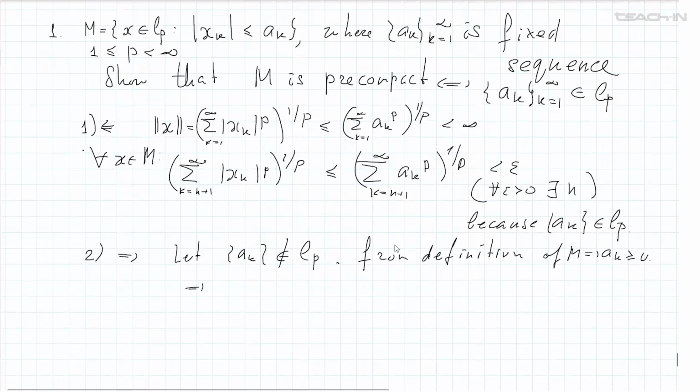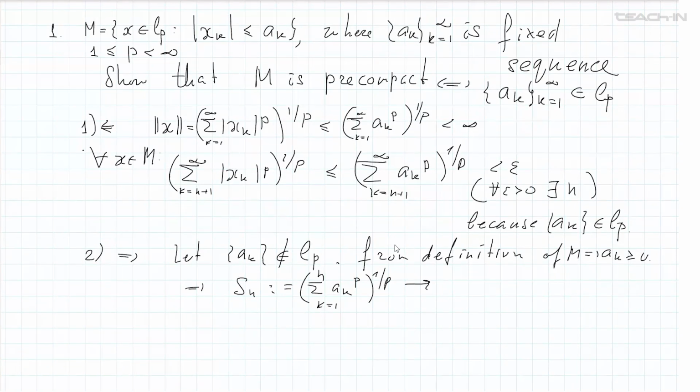So if you write the partial sums for a_k, they tend to plus infinity as n tends to infinity. Then consider elements x_n from M, which look like a_1, a_2, ..., a_n, and then 0, 0, 0.